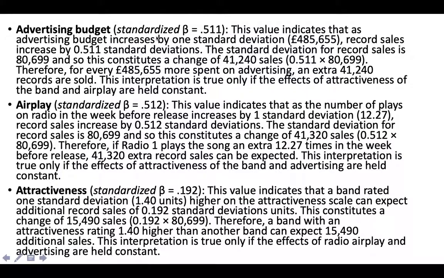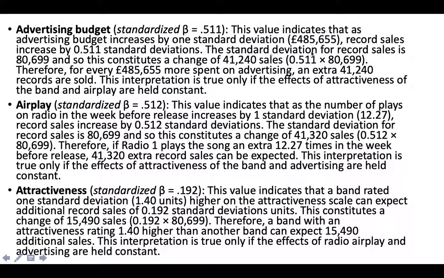So this value indicates that as advertising budget increases by 1 standard deviation, as you could see, this 1 standard deviation increase means 485,000 pounds, record sales increase by 0.511 standard deviations.